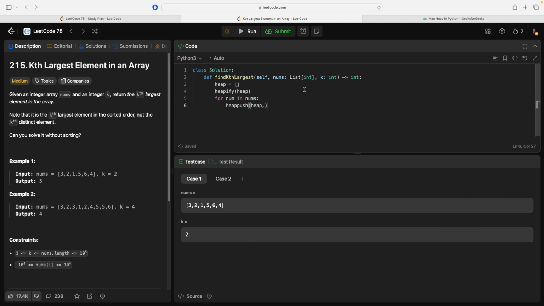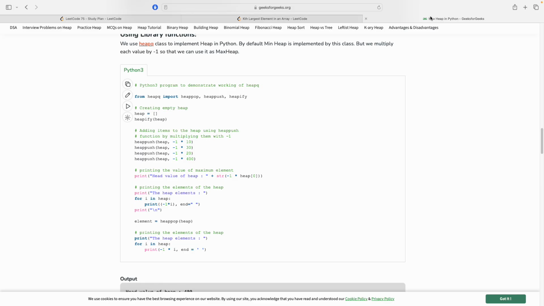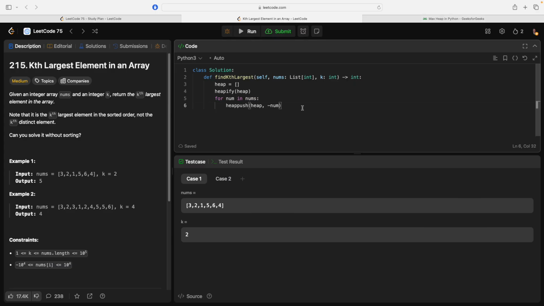We'd say that, and we'd say push on negative num, right? Multiply, yeah, just negative num. And then for i in range k.